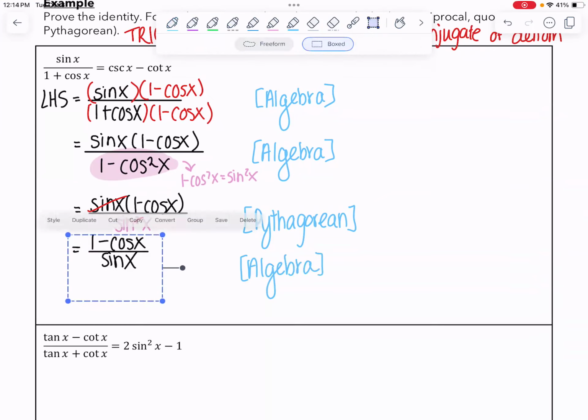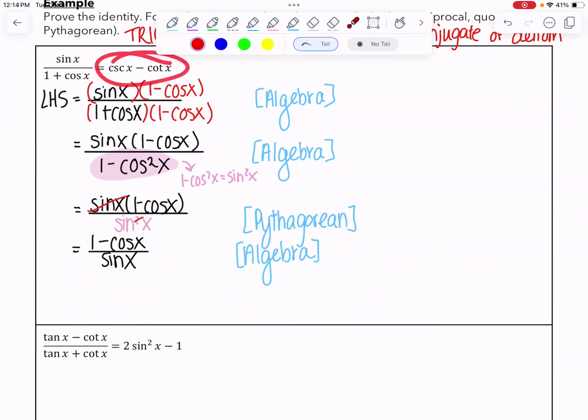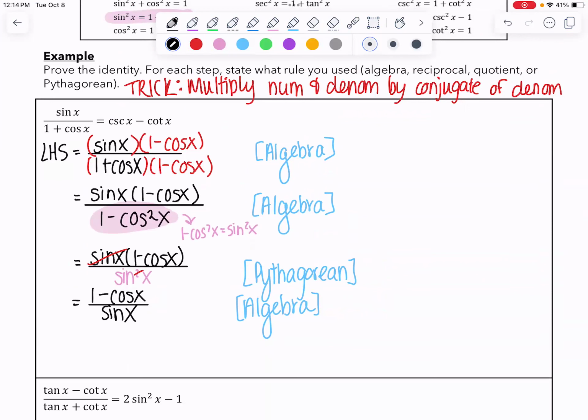And I notice that my final answer is supposed to be cosecant x minus cotangent x. So it's supposed to be two different terms. One thing I can do, and this is basic fraction math, is that if you have a minus b over c, you can give them both the denominator. That's a over c minus b over c. Let's say we had 3 minus 1 divided by 5.